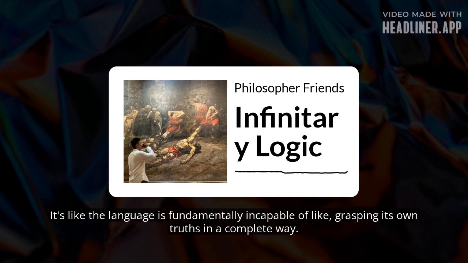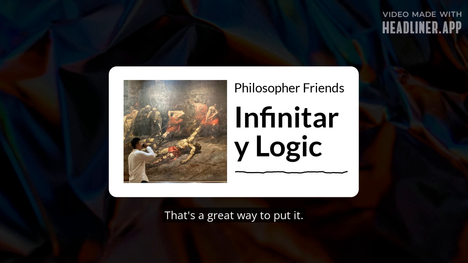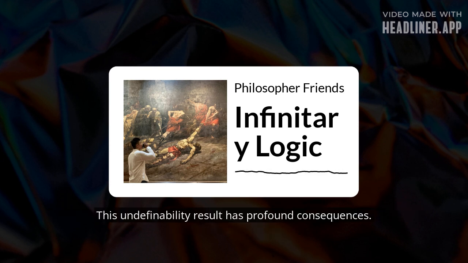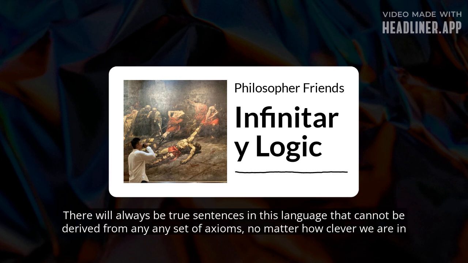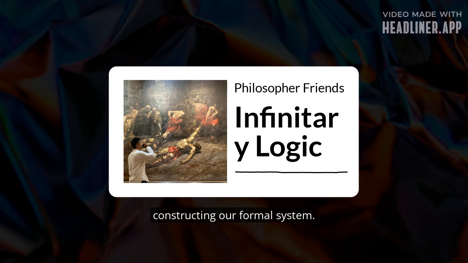It's like the language is fundamentally incapable of grasping its own truths in a complete way. That's a great way to put it. This undefinability result has profound consequences. It implies that L11 is inherently incomplete. There will always be true sentences in this language that cannot be derived from any set of axioms, no matter how clever we are in constructing our formal system.